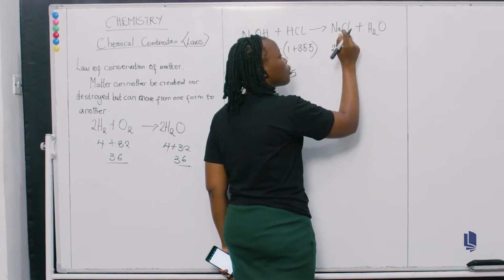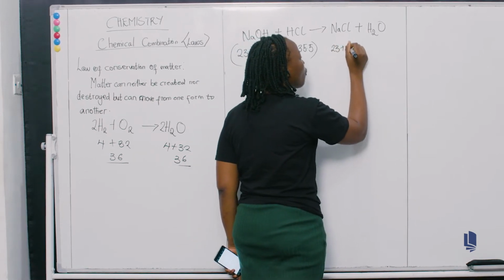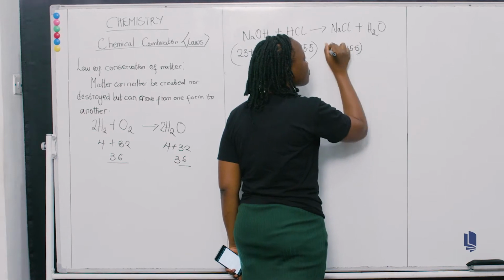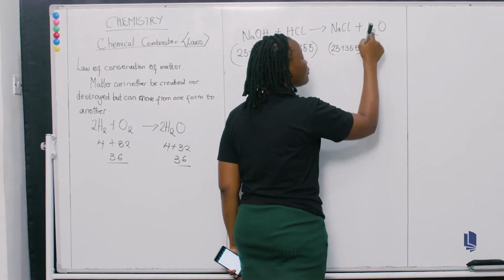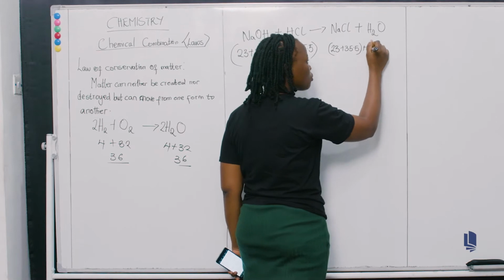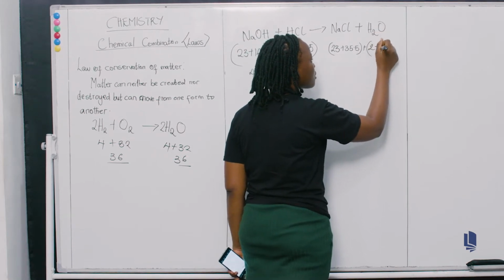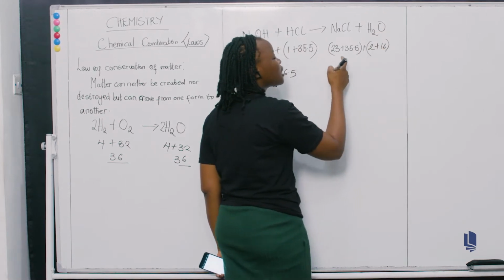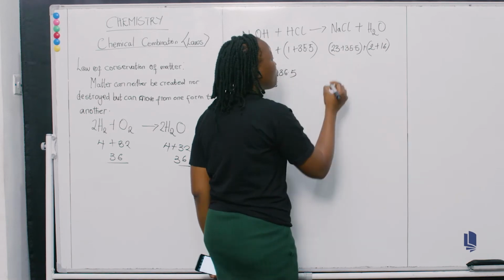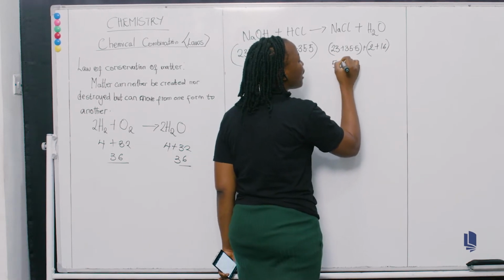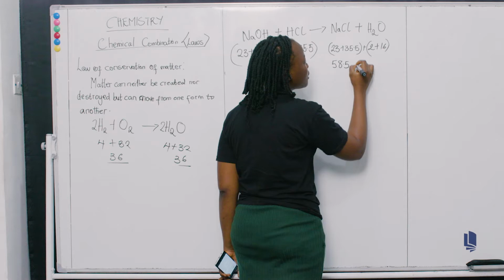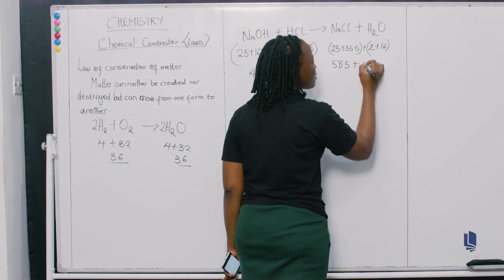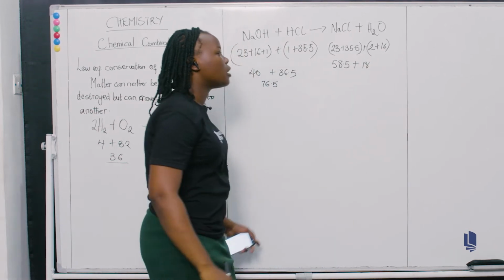Sodium is 23, chlorine is 35.5, plus hydrogen is 1 times 2, 2, oxygen 16. 23 plus 35.5, that would be 58.5, right? Plus 18. So let's calculate this together.